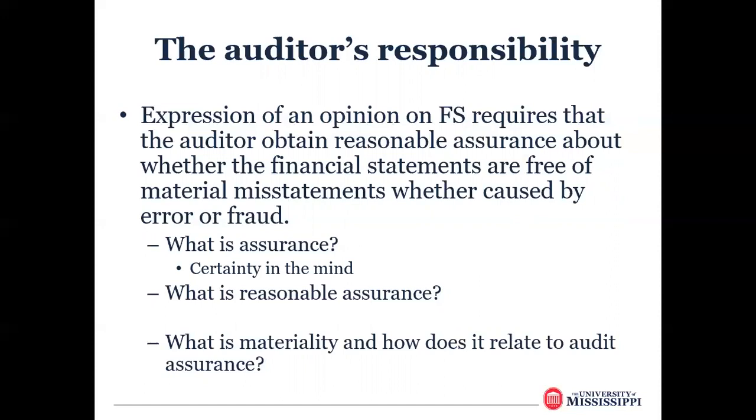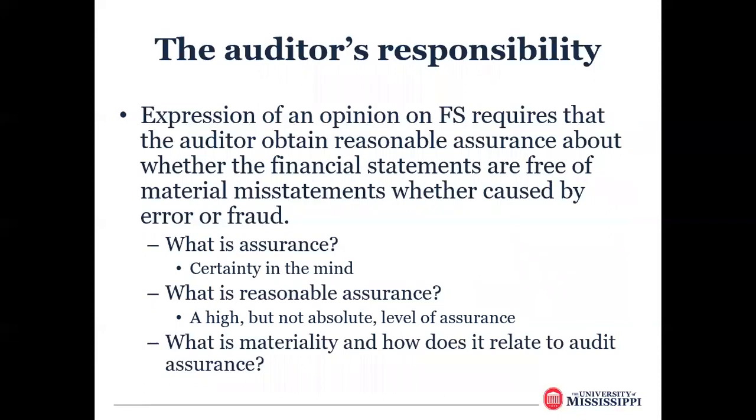And then what is reasonable assurance? The auditor isn't just obtaining assurance, but is obtaining reasonable assurance. The audit standards tell us that reasonable assurance is a high but not absolute level of assurance. So the auditor's responsibility is limited in this sense. The auditor doesn't have to provide 100% assurance that the financial statements are free of material misstatement, but does have to provide a high level of assurance that they are free of material misstatements.